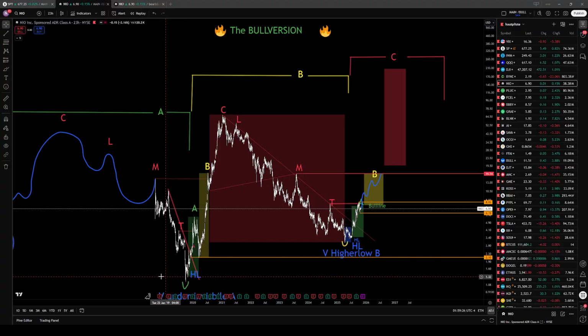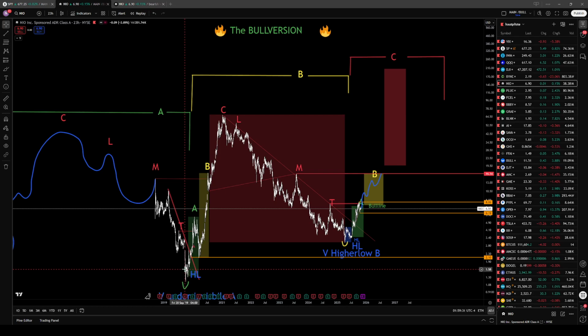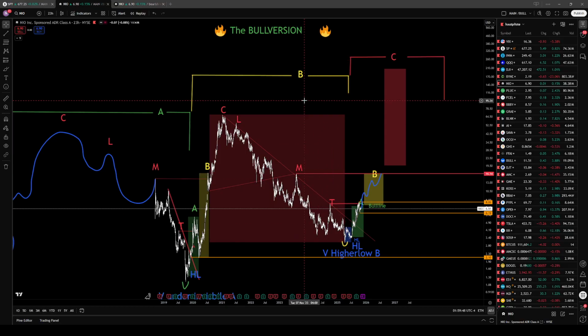Just for the complete overview, this would be the first fractal completed. This would be our macro massive A. Then you're starting the second one, which is ending in a higher low and not under B and A. That's why this is our big massive B, because only B is allowed to make a higher low, which would be also finished.